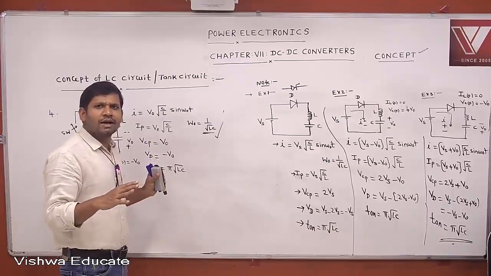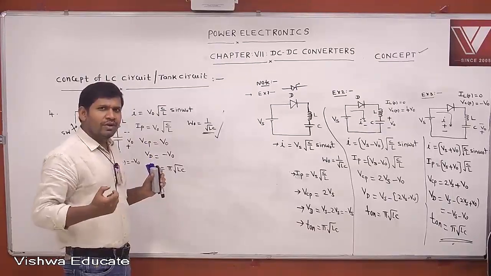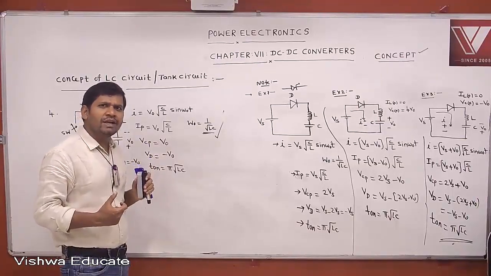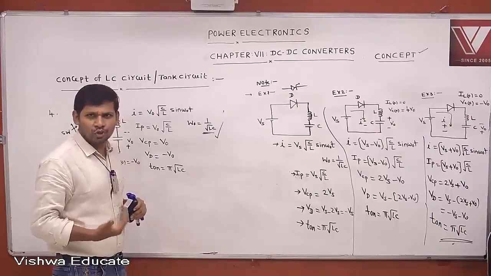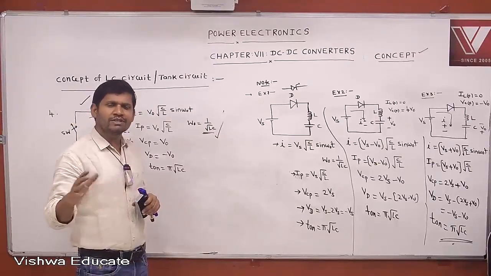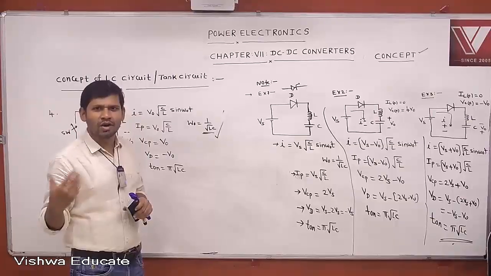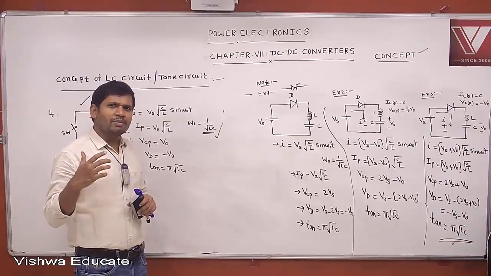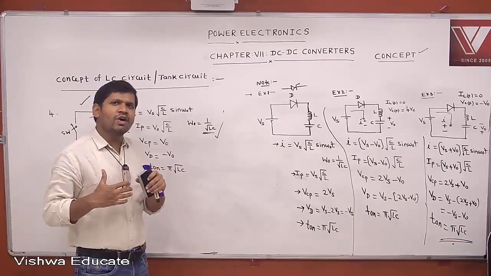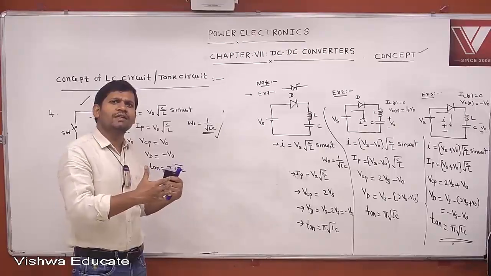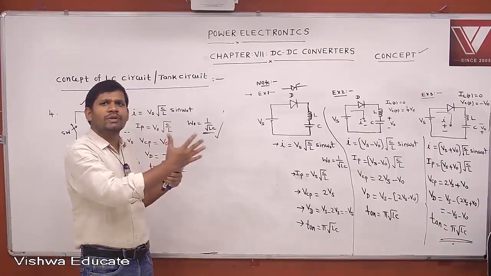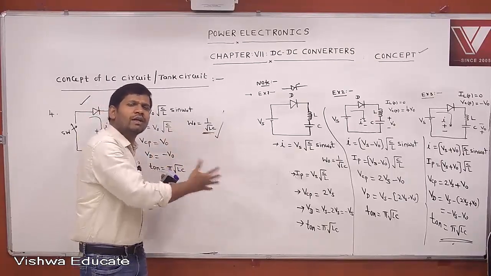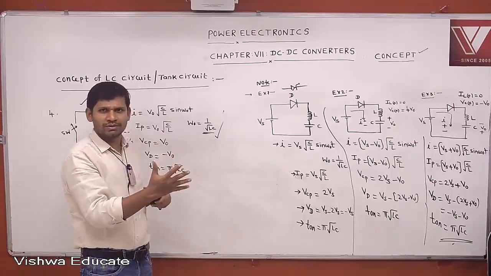Then I will start class B commutation. When I start class B commutation, indirectly I am discussing the current commutated chopper. Class B commutation is also called which commutation? Current commutation. That means when discussing the current commutated chopper, indirectly we are studying current commutation. That's why there is no need to remember separate formulas for current commutation and the current commutated chopper.